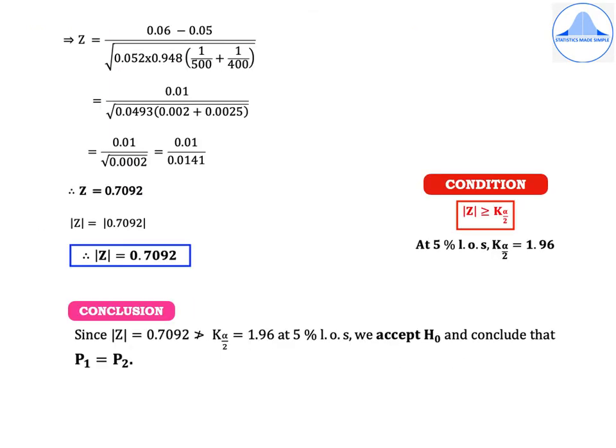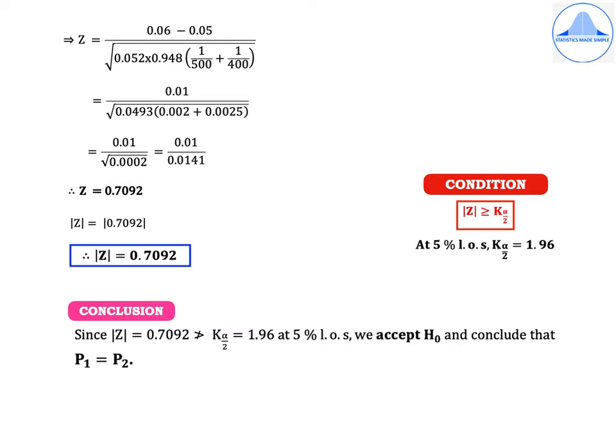Substituting all the values in Z, we get Z equal to 0.06 minus 0.05 divided by root of 0.052 into 0.948 into 1 by 500 plus 1 by 400, which is equal to 0.01 divided by root of 0.0493 into 0.002 plus 0.0025, which simplifies to 0.01 by root of 0.0002, which is equal to 0.01 by 0.0141. So we get capital Z, that is the test statistic value, as 0.7092.